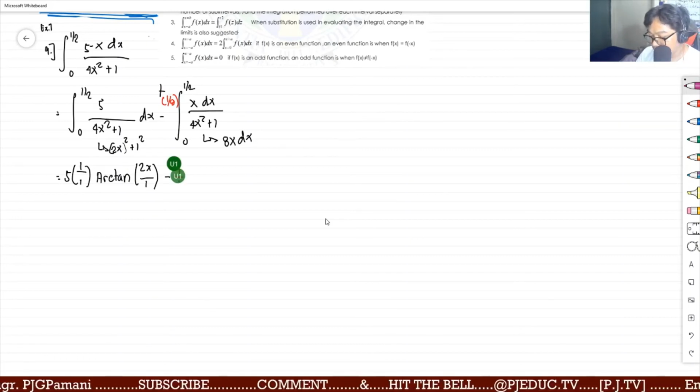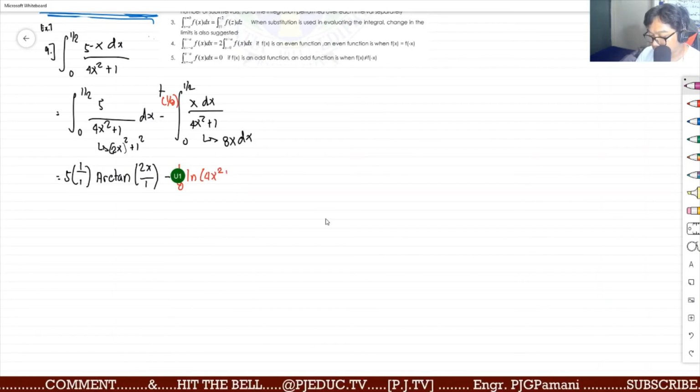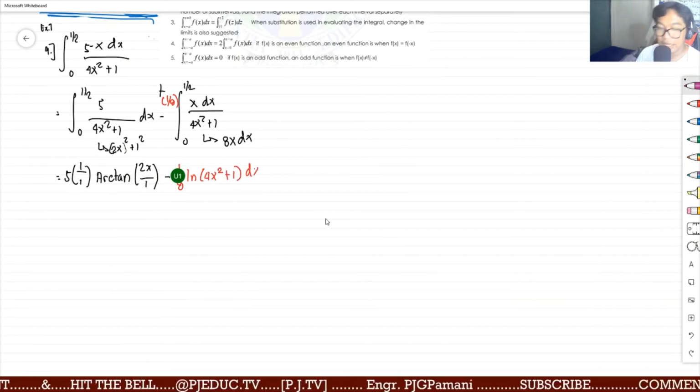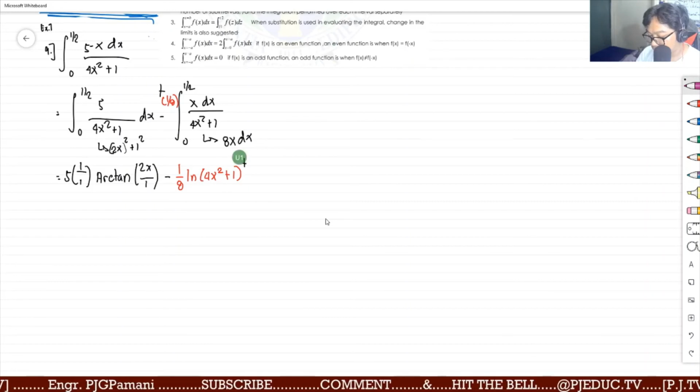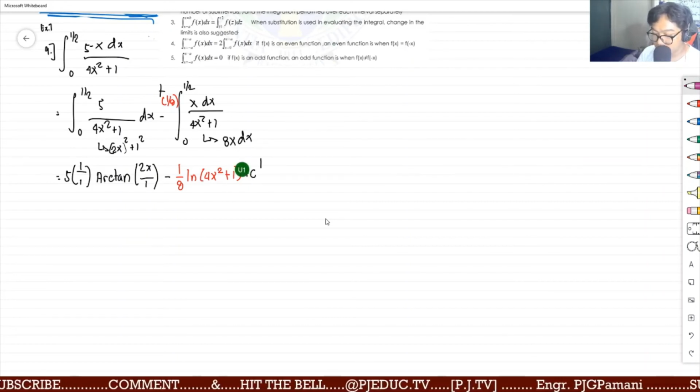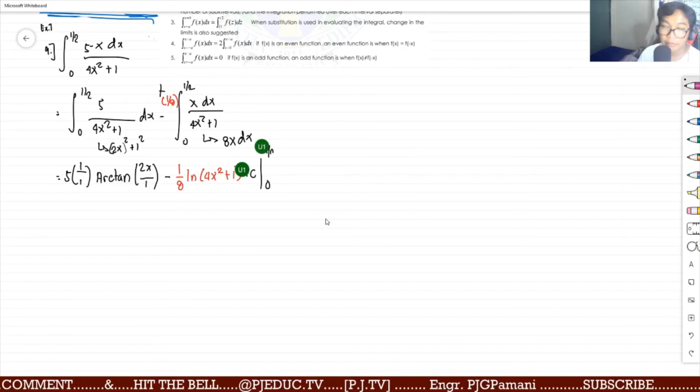Then 1/8 of ln of 4x squared plus 1, plus your integration constant, then your limits.